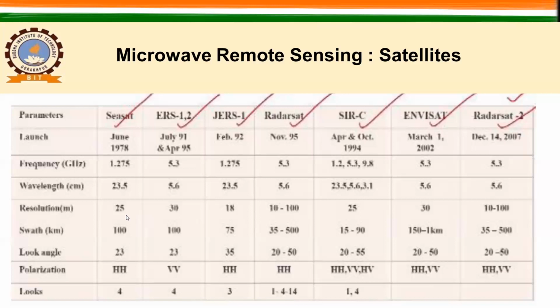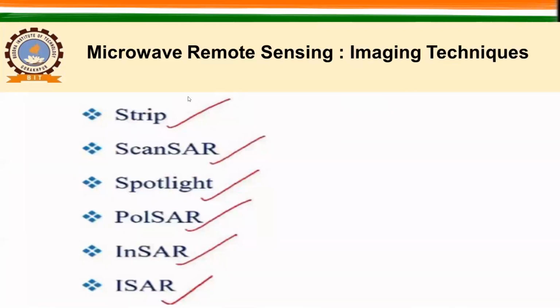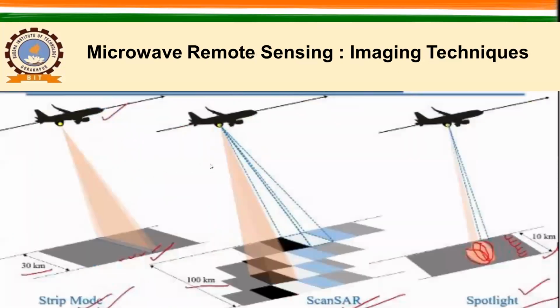These are the different imaging techniques available in the microwave domain. After that, we have to see what the imaging techniques are. In the first one, the strip mode, you can see the example with the figure also.